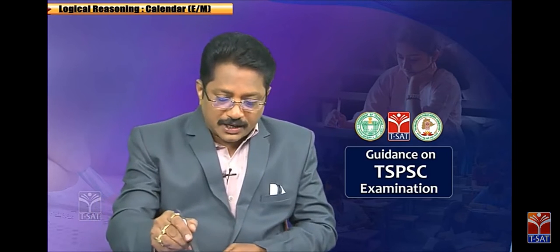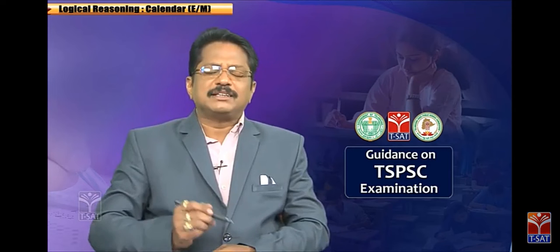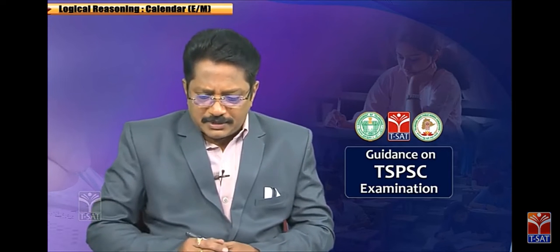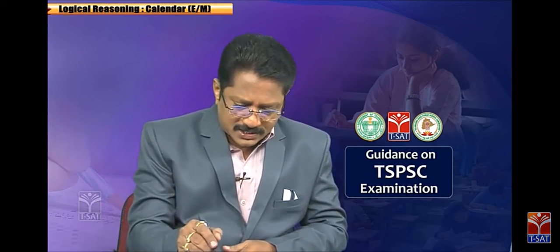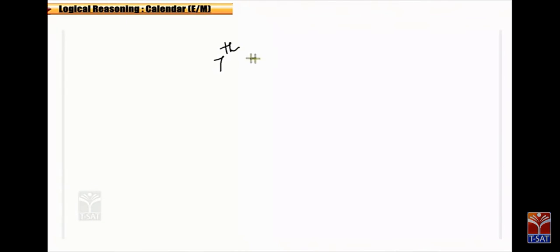Okay, there is a formula. The method is very simple. What is the date now? So first write the date, 7th June 2022. For calculating the day, the first thing is you have to write the date first. What is the date? 07, correct?